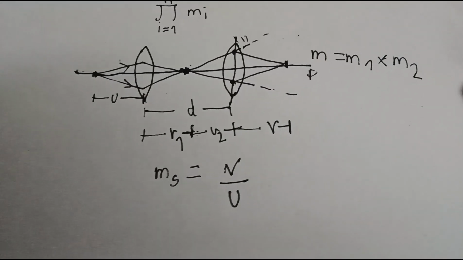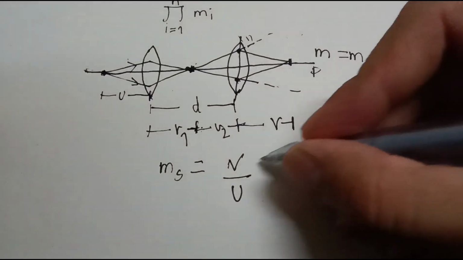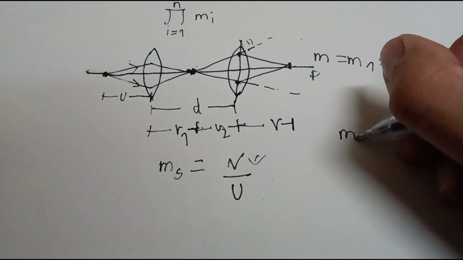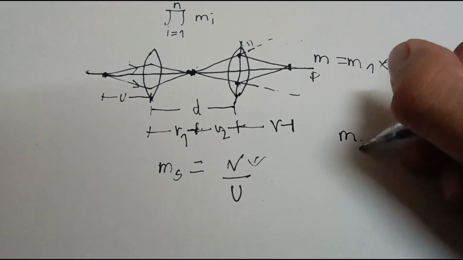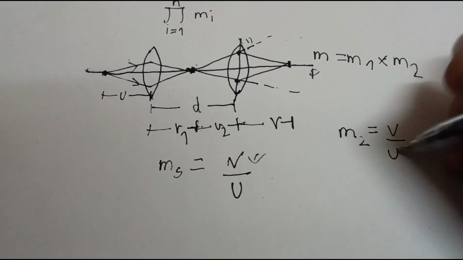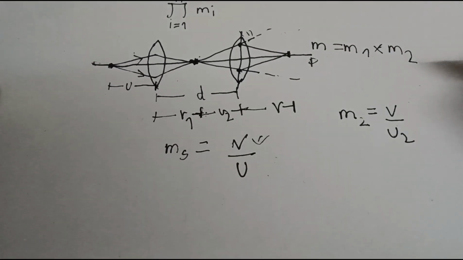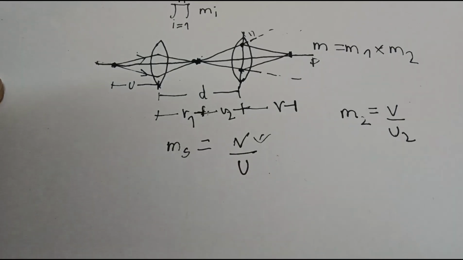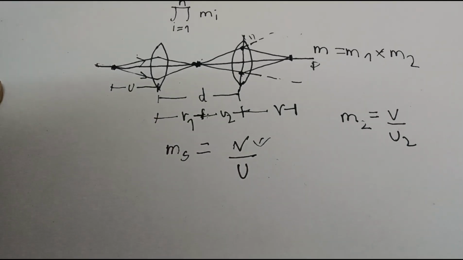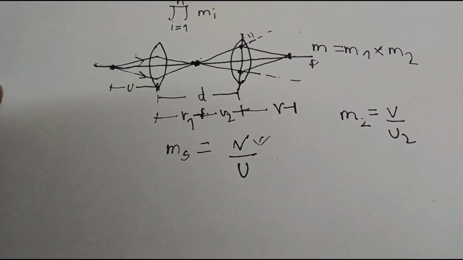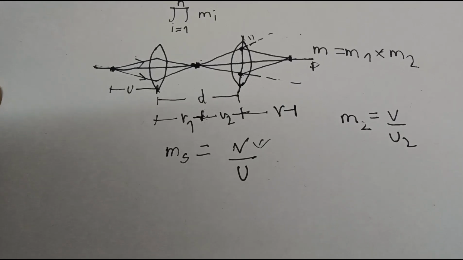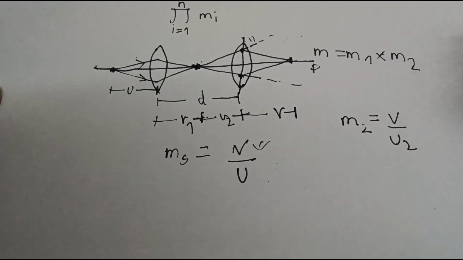First of all, what can you write this V as? If you remember, M2 was V upon U2. Let me write it. Oh yeah, another thing. But there's also another thing.